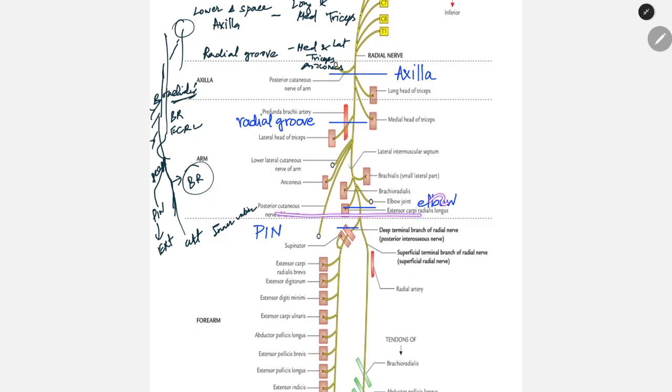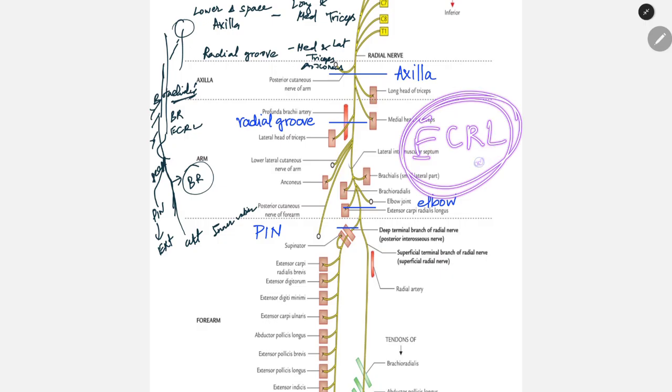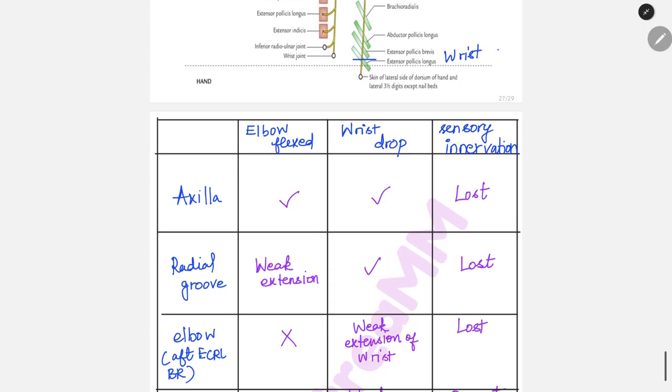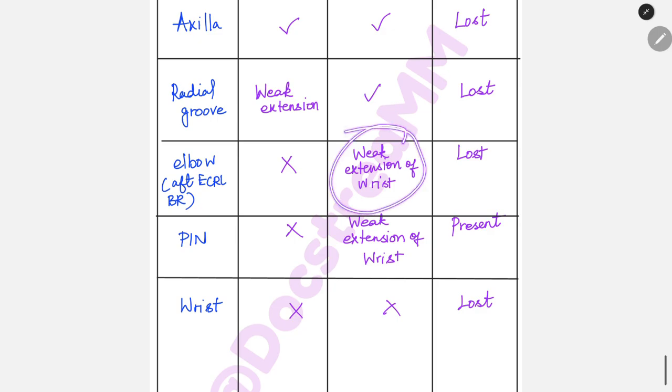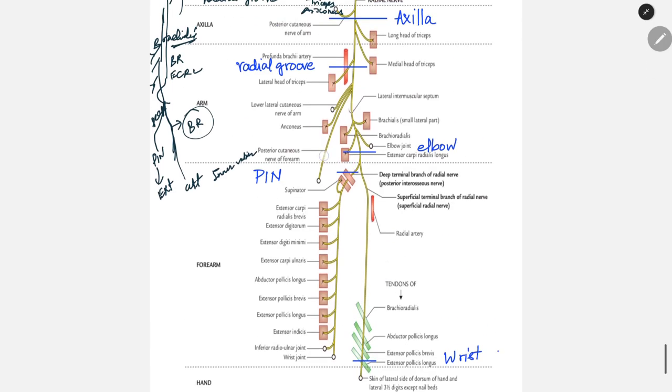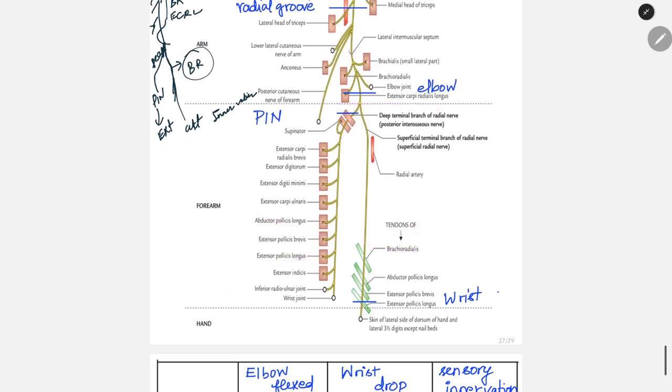Extensor carpi radialis longus is one of the extensors of the wrist. So this one is spared. If it is spared, you will be able to extend the wrist, so wrist drop will not be present. You will have weak extension of the wrist. Sensory innervation will be lost because below this level everything is lost. And I said the posterior interosseous nerve is lost.